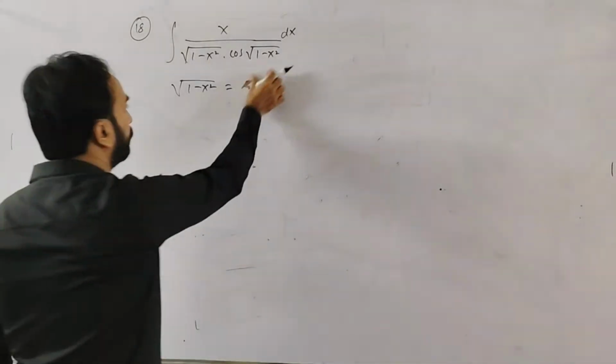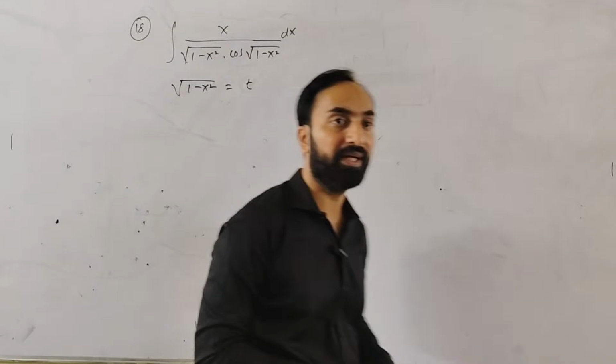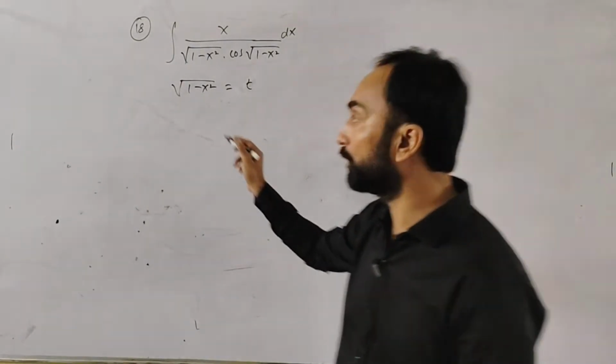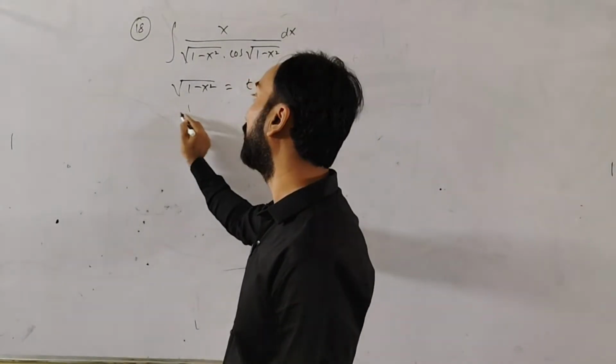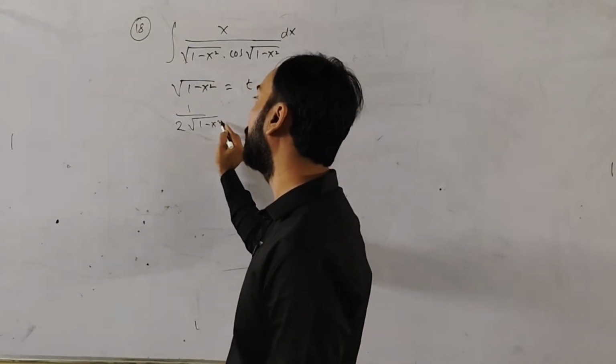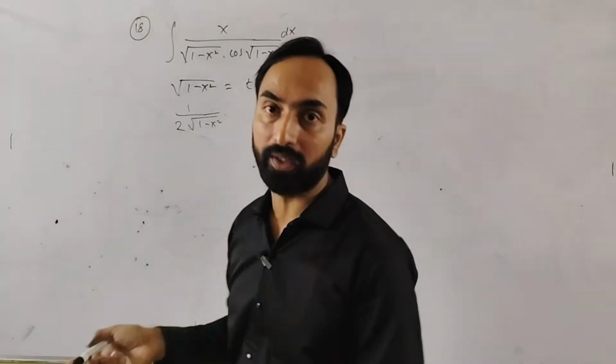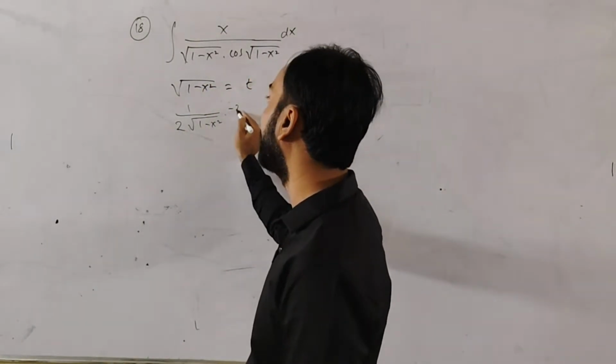And we know the square root derivative, 1 minus x square is there, no? So this will become 1 upon 2 root of this part, so square root of 1 minus x square. And since again it is 1 minus x square, the derivative of 1 is 0 and this will become minus 2x.